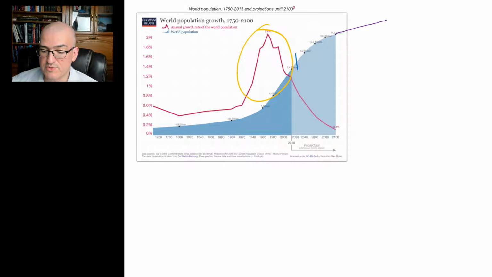So how much do we consume in terms of resources? How effective are we at leveraging technology to make better use of the resources that we have? And those are the types of considerations that would allow a population curve to not look like the population curve of bacteria in a petri dish or bunnies on an island.